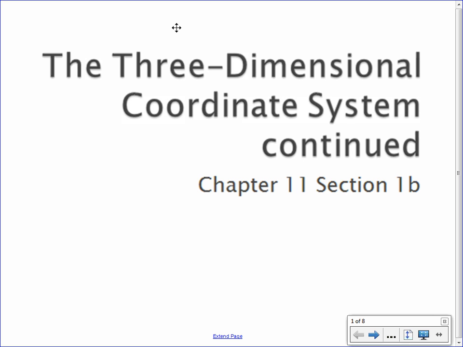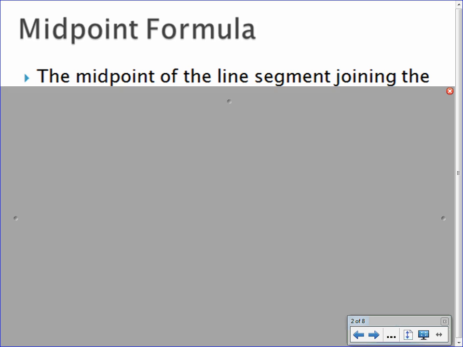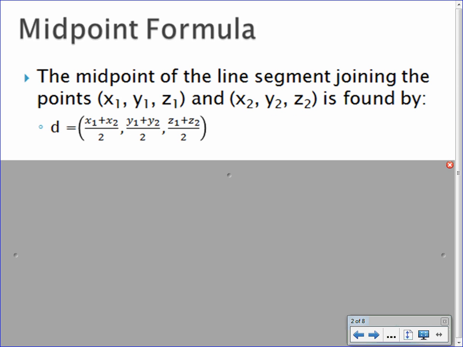And how do you find the middle of something? You average them, right? Average the x's, average the y's, average the z's.